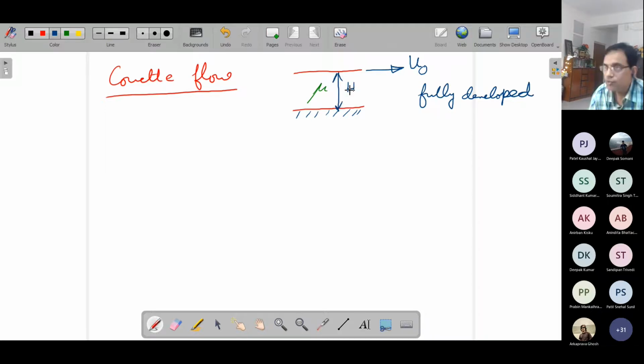The gap is narrow and we can set up x or y axis. Say this is x and this is y. These are parallel plates, so we are not bringing in the complexity due to the three-dimensional scenario because the physics will be described well by this two-dimensional thing.